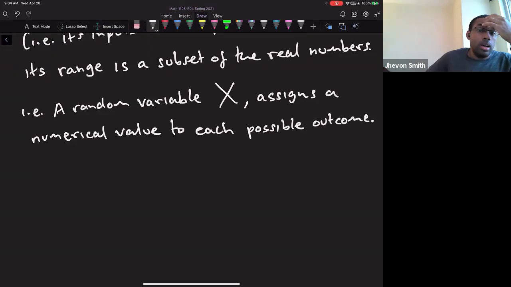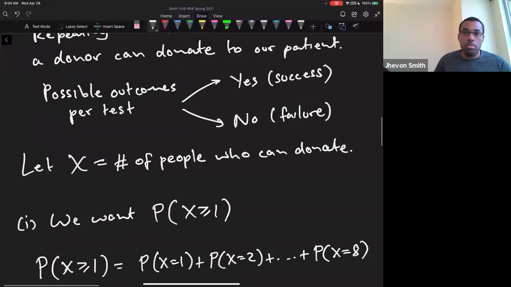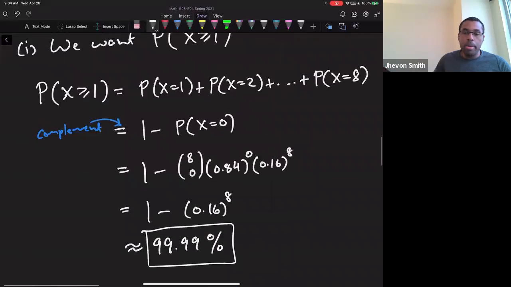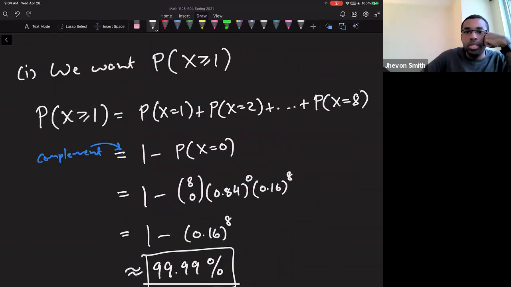Right? For example, what we did with the binomial thing was a random variable. This X here that counts the number of people. What you will notice is that the X is actually describing an event. When I say X outputs a value of greater than or equal to 1, I'm actually describing an event that greater than or equal to 1 people can donate, right? Like I'm using the number in place of a sentence or an event that I care about, right?